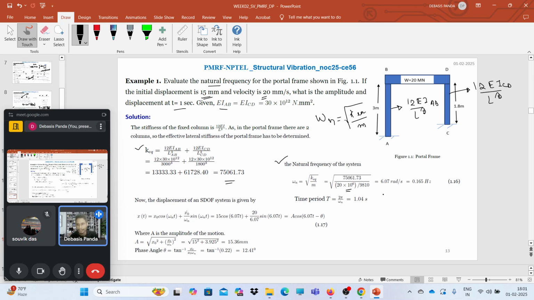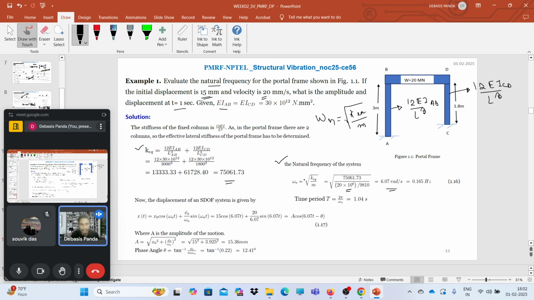For simplification of units I have converted it to 9810, and omega n comes as 6.07 rad per second, or the cyclic frequency f comes as 0.165 hertz.